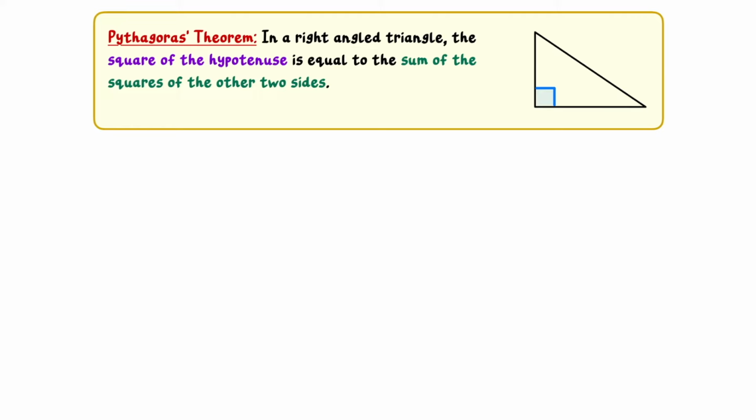Given a right-angled triangle, we can label the hypotenuse as h and label the other two sides as a and b. Pythagoras' theorem states that h squared is equal to a squared plus b squared.